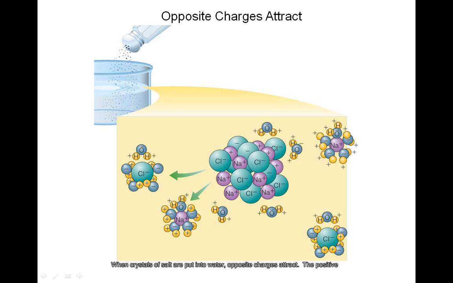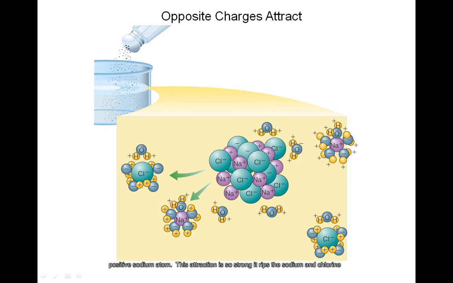When crystals of salt are put into water, opposite charges attract. The positive hydrogen side of a water molecule will be attracted to the negative chlorine atom, while the negative oxygen side of a different water molecule is attracted to the positive sodium atom.